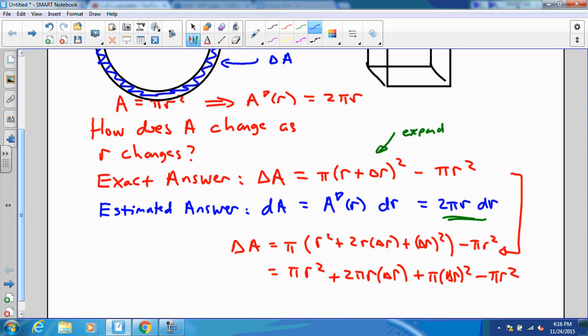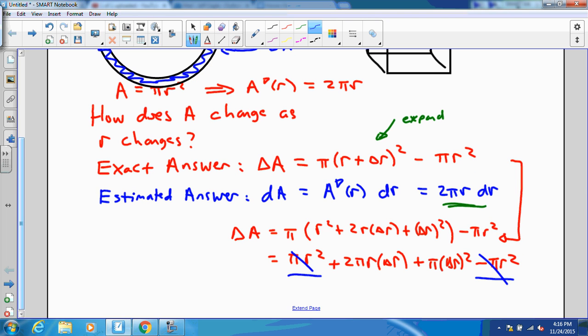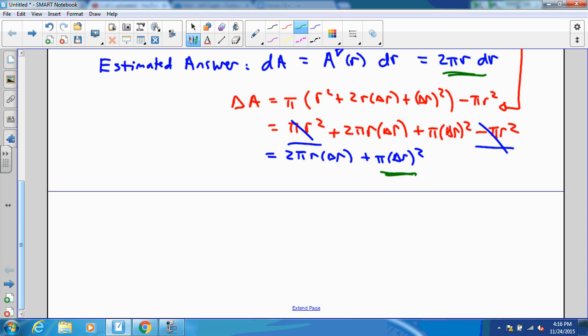And if you distribute the pi, and then notice that you have like terms here and here that cancel, then what you're left with is an exact expression for delta A. That looks very much like dA, except that it has this additional term right here.